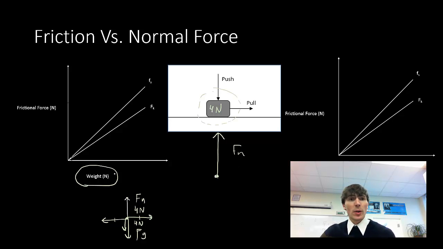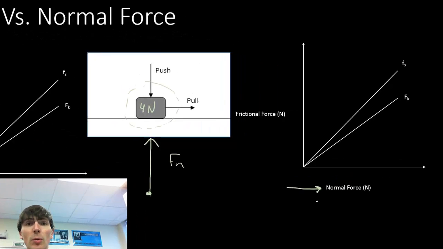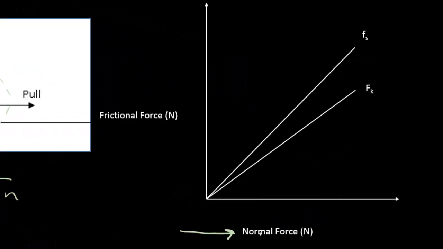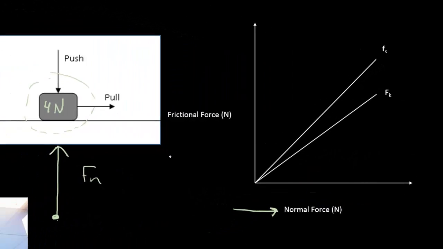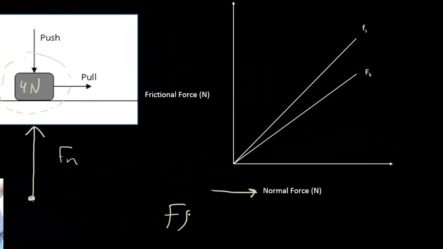For our experiment, because the forces were balanced, we could say that weight was actually talking about the normal force. We're going to use the normal force instead because it's going to get us more mileage. It's going to be more useful for us in more circumstances. So this gives us a new situation where the force of friction was equal to some constant value.